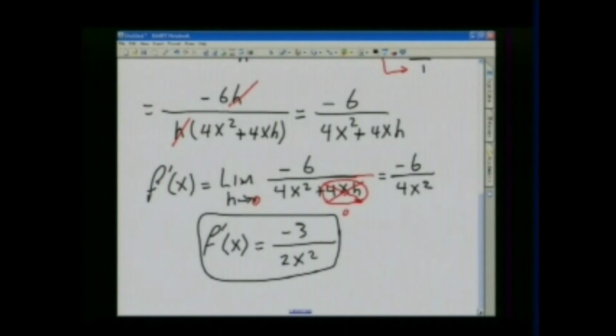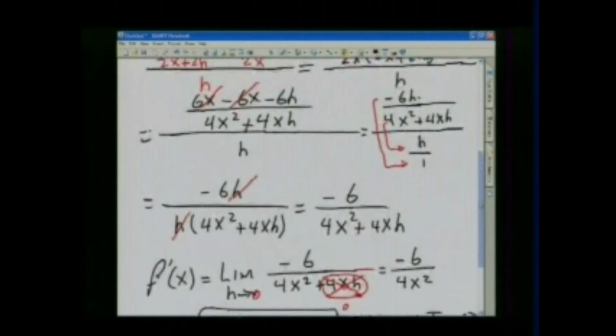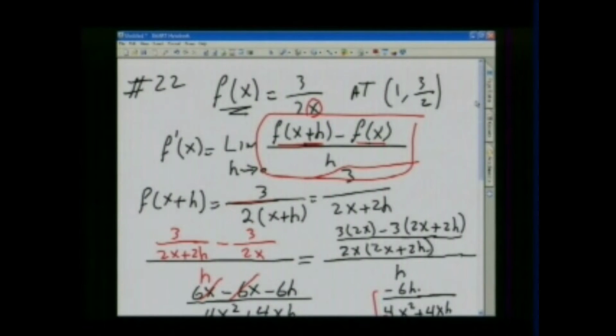Now, this is the slope of a tangent line at any point, at any x. That's what I mean by any point. Now, if you recall, the problem was telling you to find the slope of the tangent line at the given x. Let me go up. There we go. At x of 1.